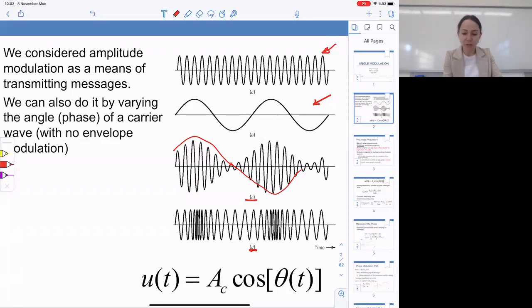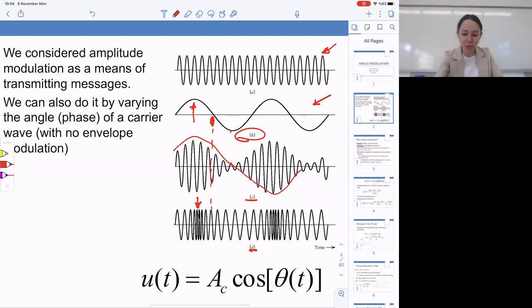Take a look at the amplitude of the waveform in B. As the amplitude is high, the frequency here is high. When the amplitude is going through zero, in this case, which corresponds to here, it appears that the frequency is lower.